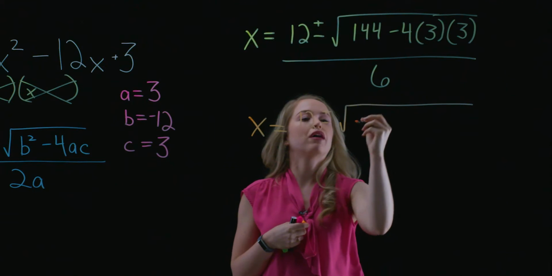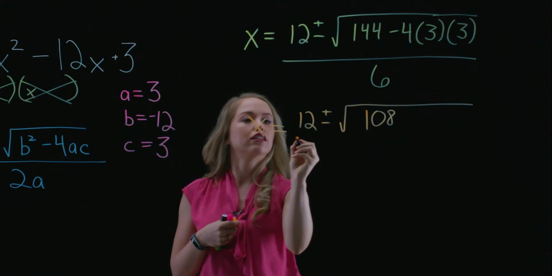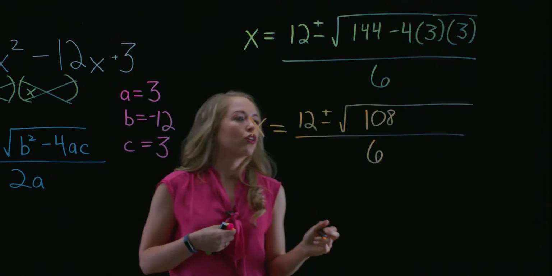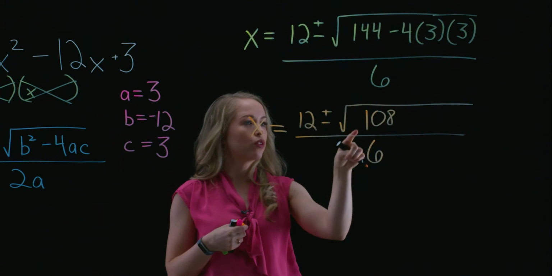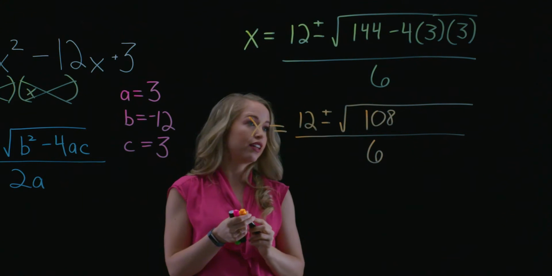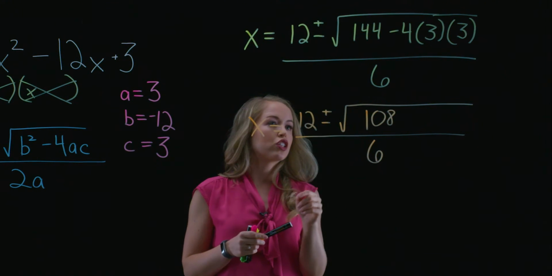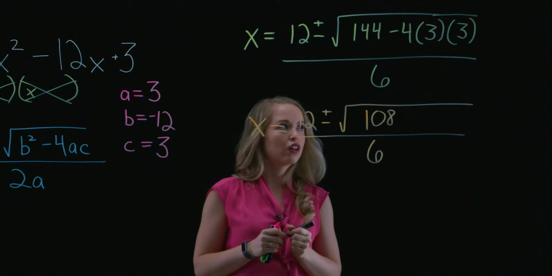So 12 plus or minus the square root of 108 over 6. Great. So now I ask myself, can I simplify the square root of 108? And that answer is yes. 108 can be broken down into the square root of 36 times the square root of 3.